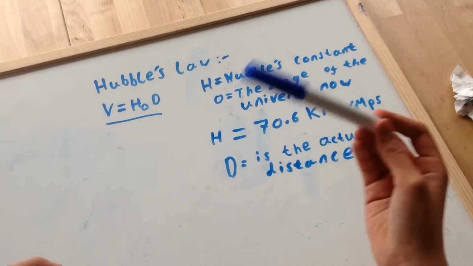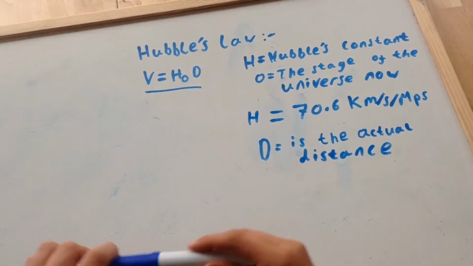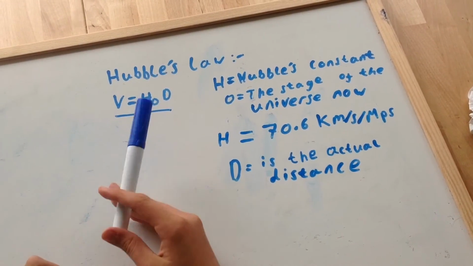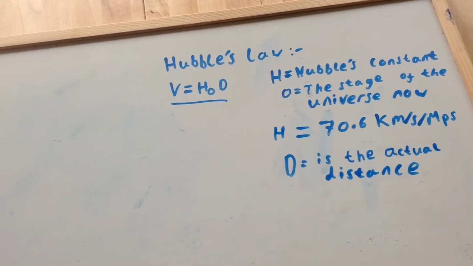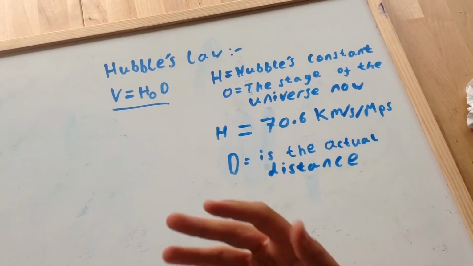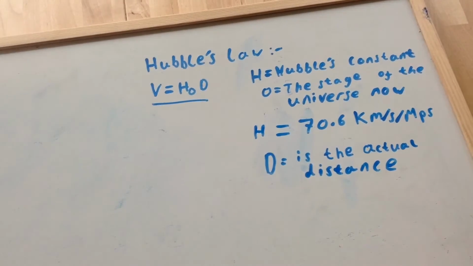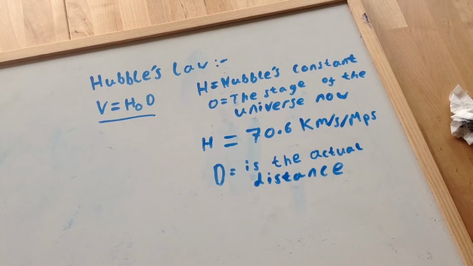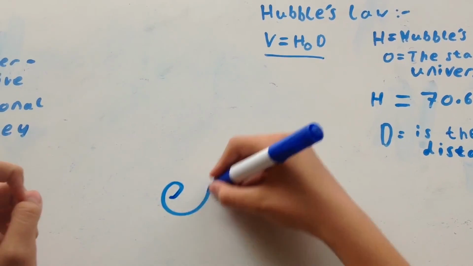Okay, so now I'm going to show you how to solve equations using Hubble's law. As I said before, Hubble's law is velocity equals Hubble's constant times the distance. We're going to work out the apparent relative velocity, as Hubble's law states that the apparent relative velocity is proportional to the distance, and so as things get further away from us, they seem to go faster. So I'm going to draw two galaxies over here.